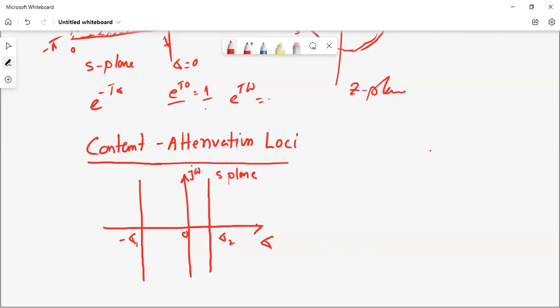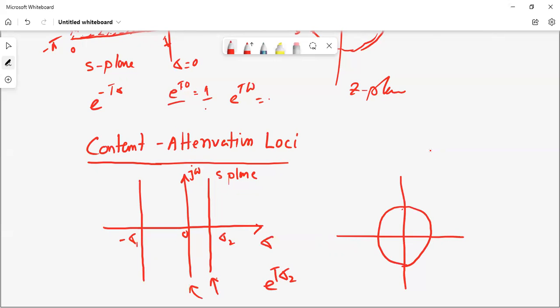Now, how can you represent this in the z plane? In the z plane, we know that the j omega line is a unit circle, so you can just draw the unit circle for the j omega line. And in any particular constant attenuation line, e to the power sigma remains the same, so the magnitude remains the same as long as your sampling period is the same. So it will give another circle, and this will also give another circle.